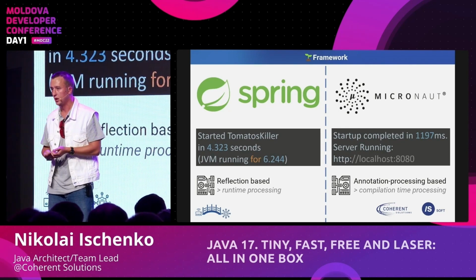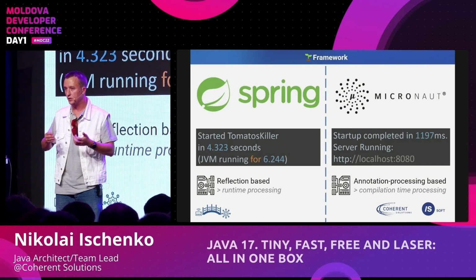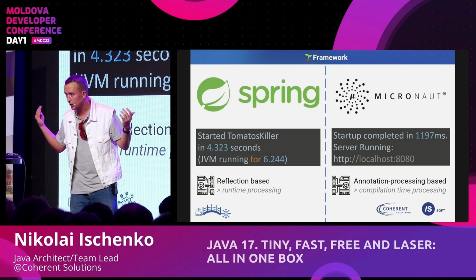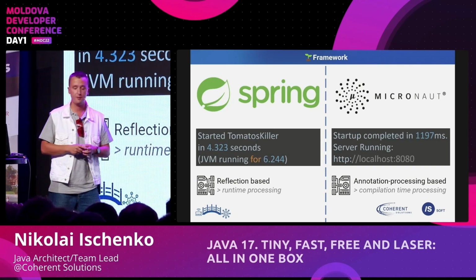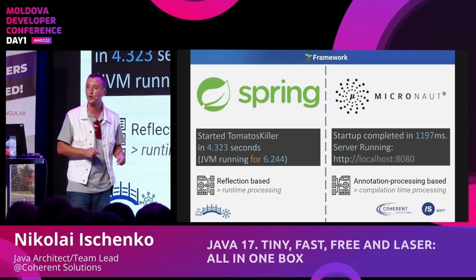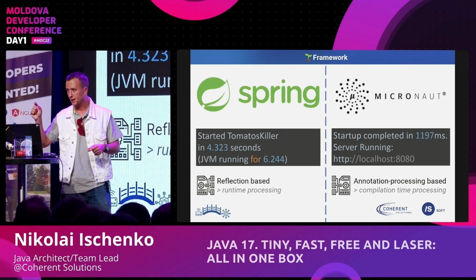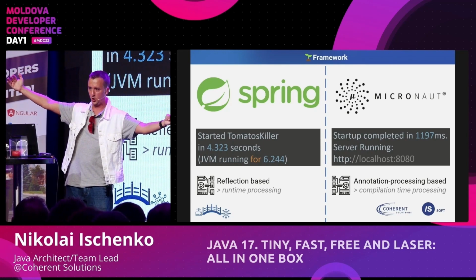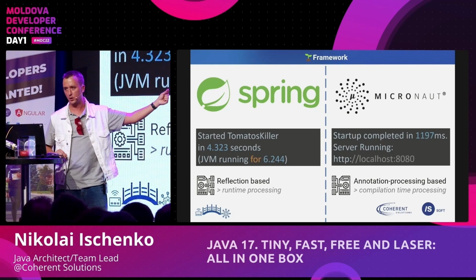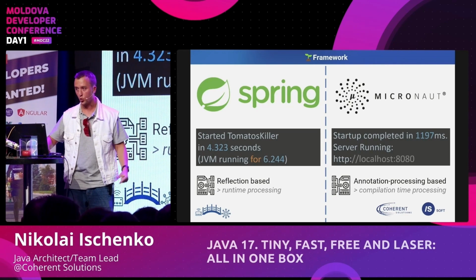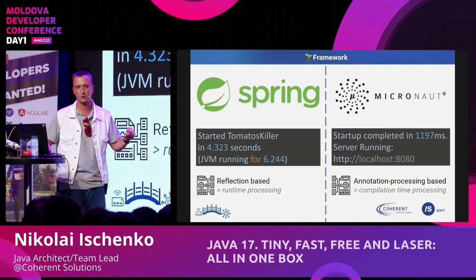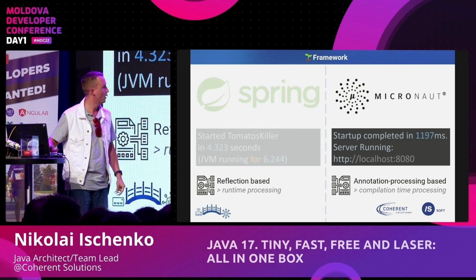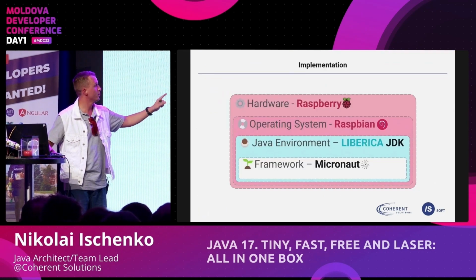This application doesn't do anything extra at startup time, it's just ready to run. That's why we have this big difference, but it works mostly for tiny applications. If you build big environments, monoliths, and so on, this difference will not be so huge. I mean, not 3 times, it would be a few percent. That's why, yeah, the winner is Micronaut.